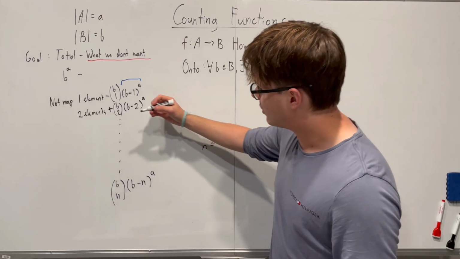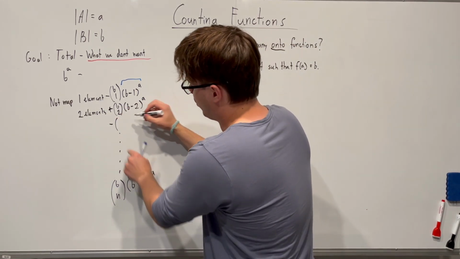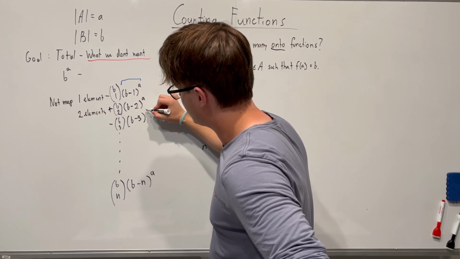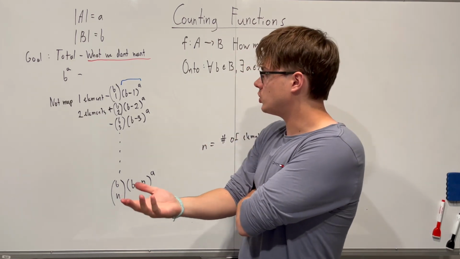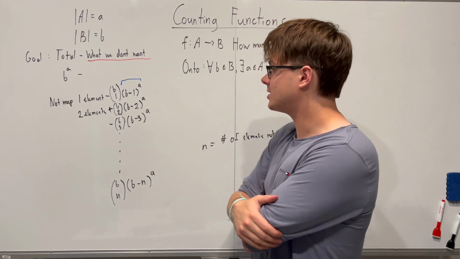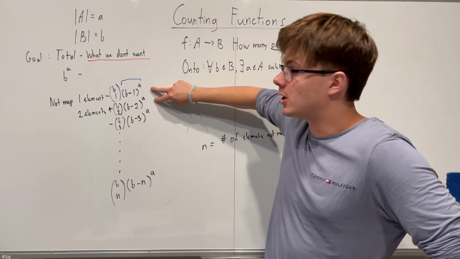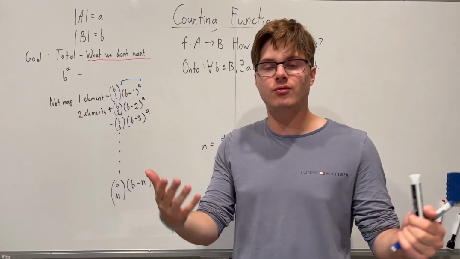But we're going to notice that when we do something with 3, we're going to do minus something with B choose 3 times B minus 3 to the power of A. We're going to be like, okay, well, now we're encountering the issue again of double counting, right? Because we fixed this here, but your sets can be much larger than just 1 and 2. They could have 3, 4, 5, 7, 18, 24, right?